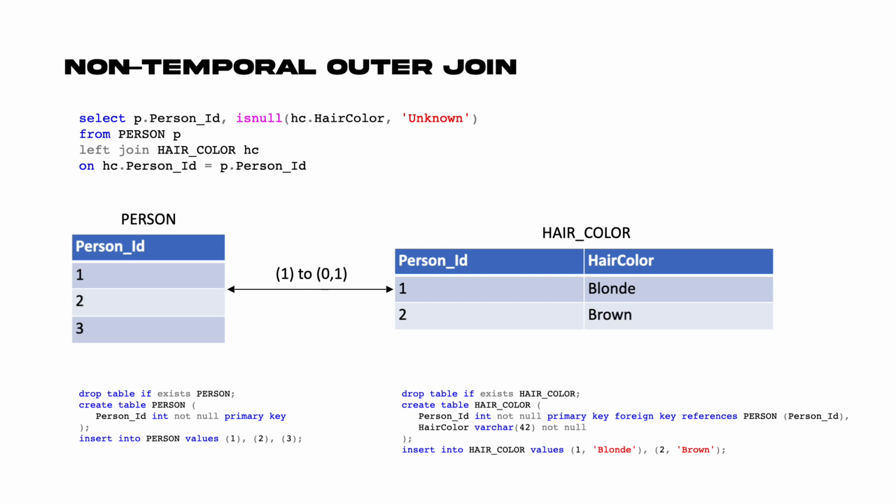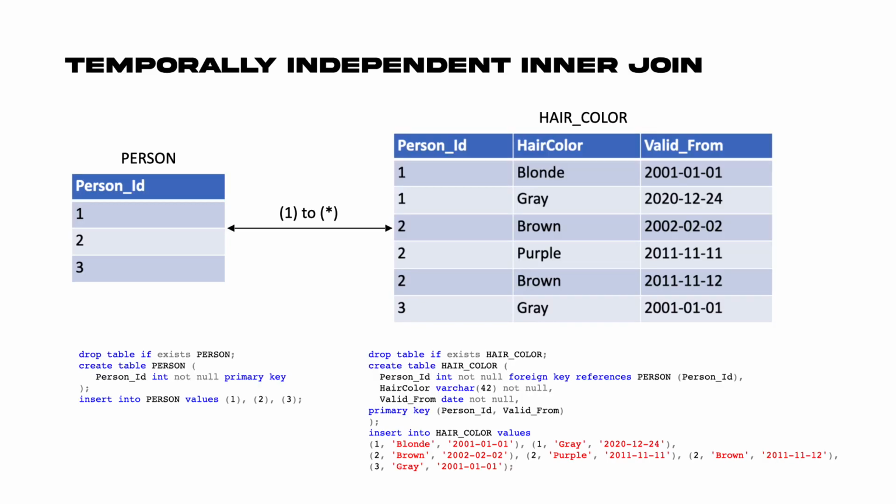So let's move on to an example where we have one temporal table. Hair color is something that is most likely to naturally change over time. Many people get gray hair when they grow older, and hair can also be dyed in different colors.